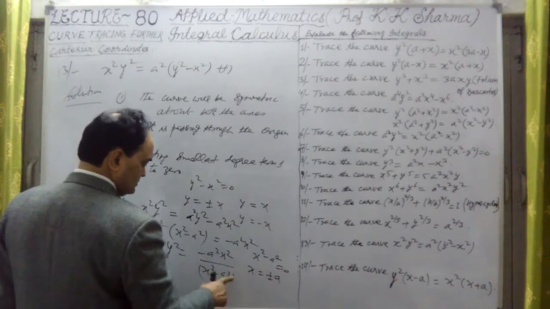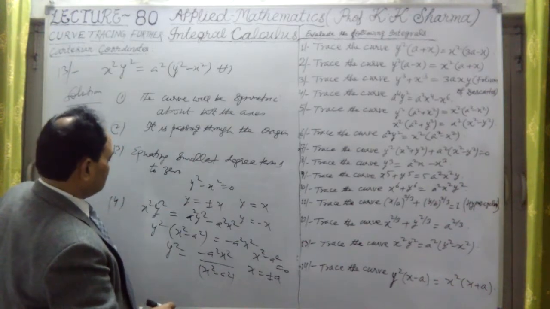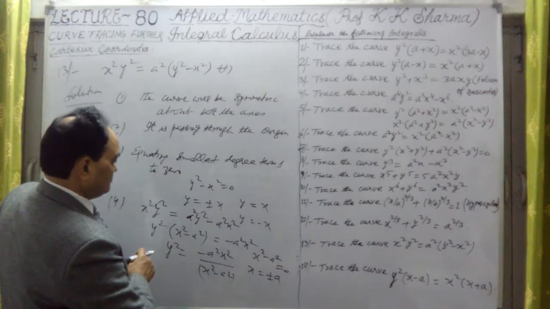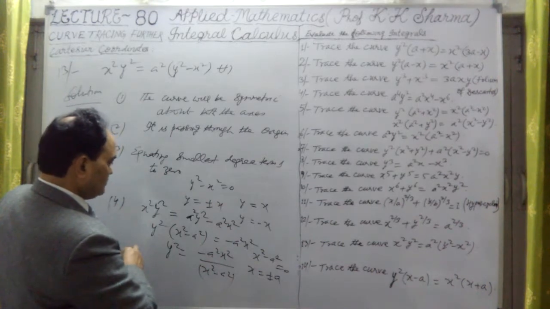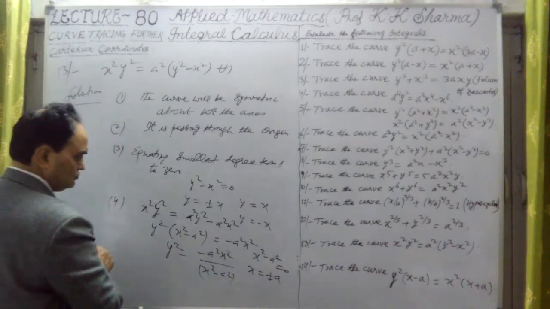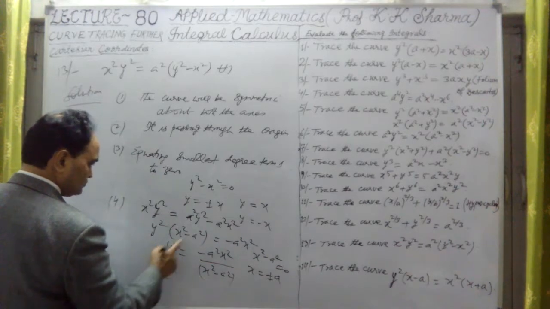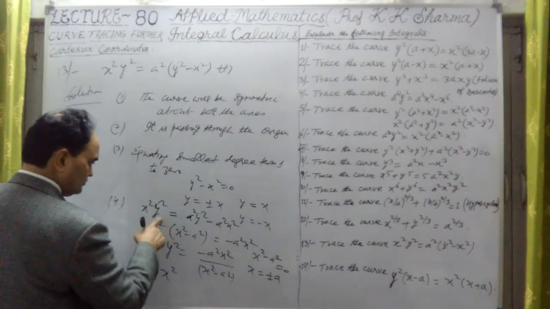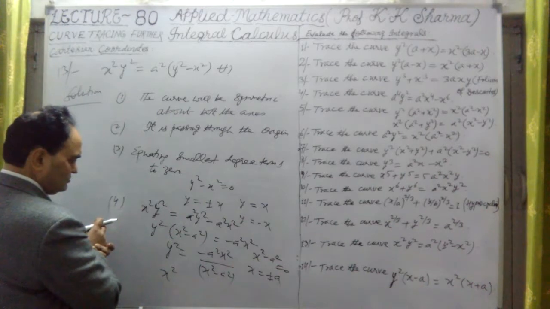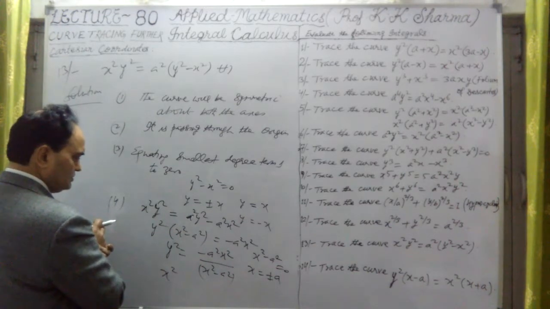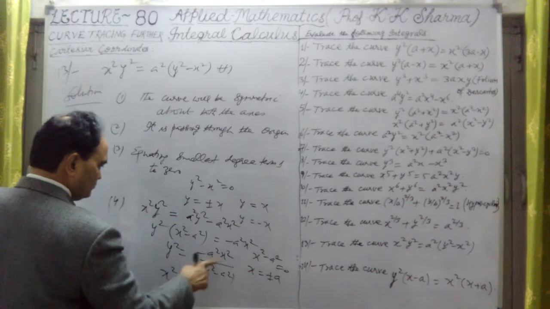It means these are two lines. Now, x square minus a square is not positive, so if I take this to the other side, x square can then be calculated. Taking x square common, y square minus a square equals a square, positive.